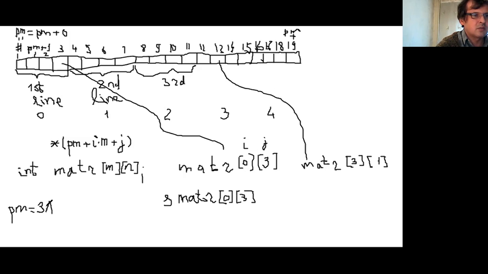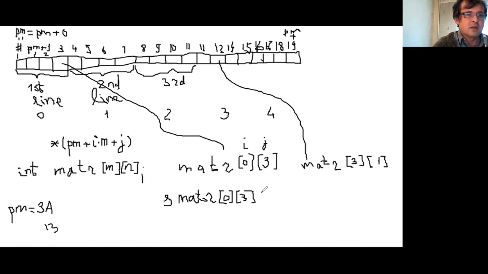3A. What does 3A mean? A is 10. So 10 plus 3, it is 13. Okay. So matrix[0][3] is PM plus how much? PM plus 3.